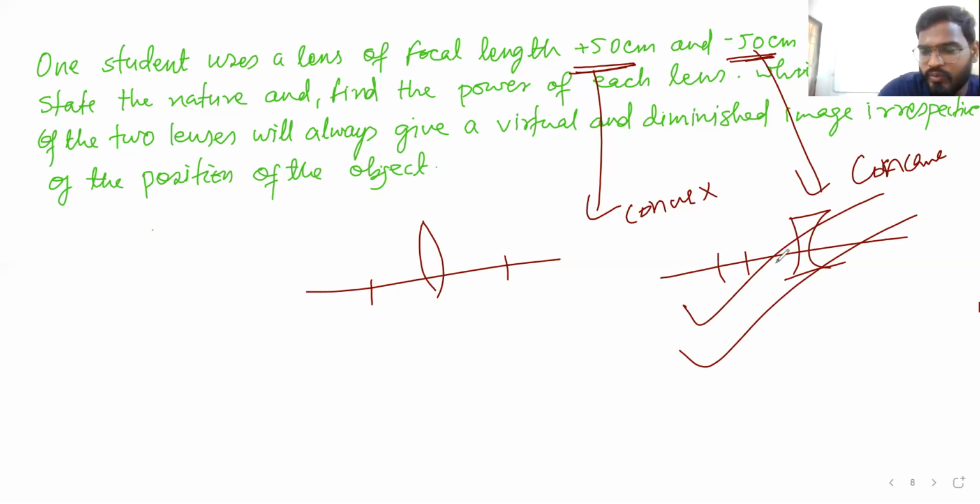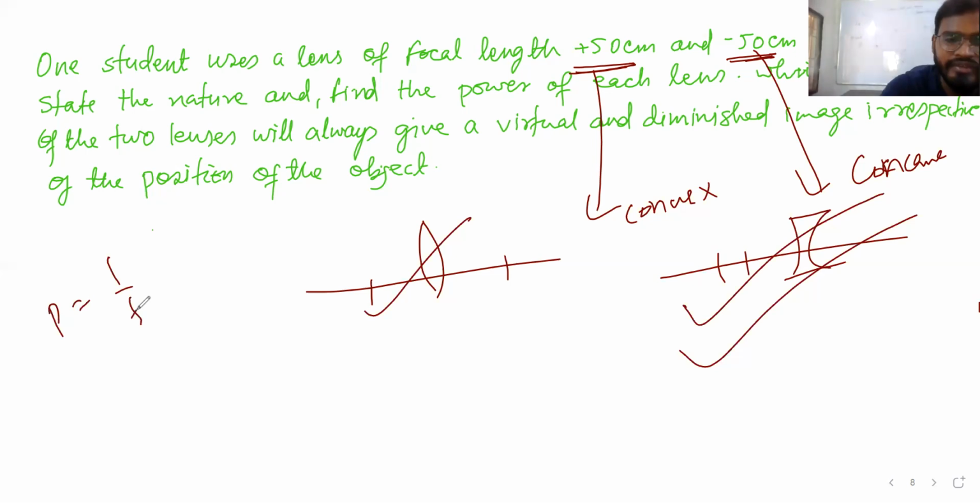Minus 50 will be diminished, and plus 50 will be the other. Which of the following will always give a virtual and diminished image? The concave lens, right? Now next, power is equal to 1 by f. f is 50 centimeter, so 1 by 50, you can take it in meter.